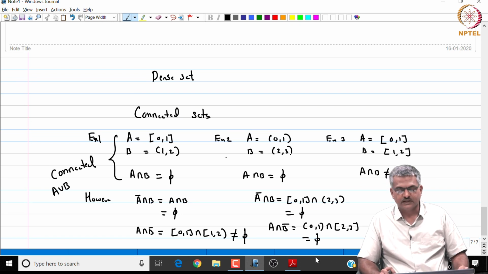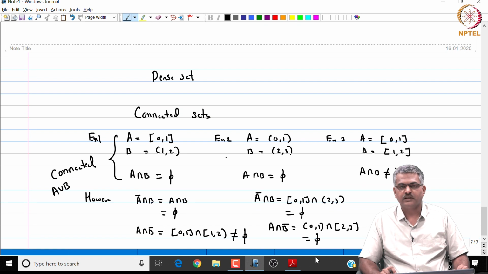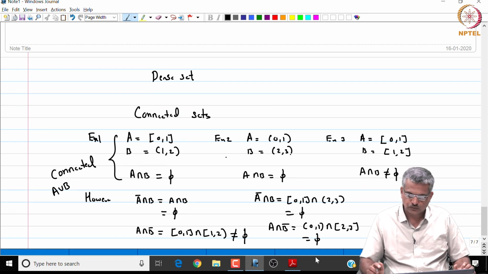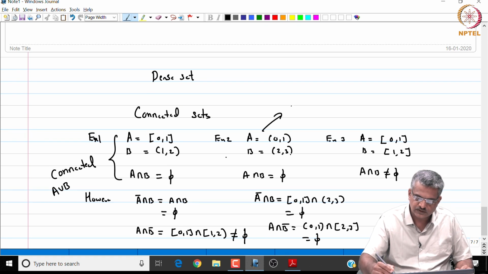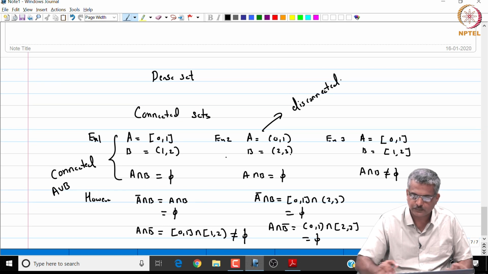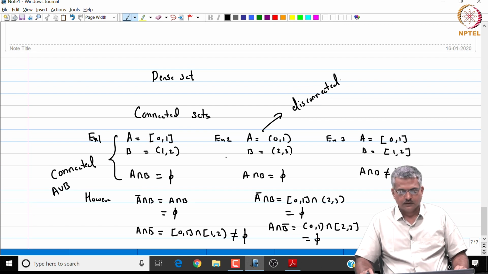So, it satisfies the definition of two sets being separated, right. So, they are disconnected. So, this is an example which is not connected, or disconnected, or we also use the word separated, right.